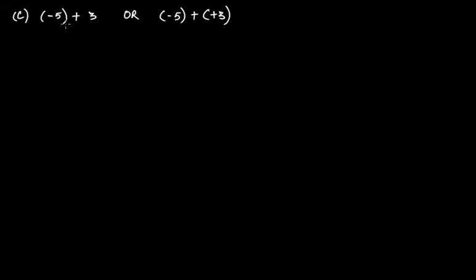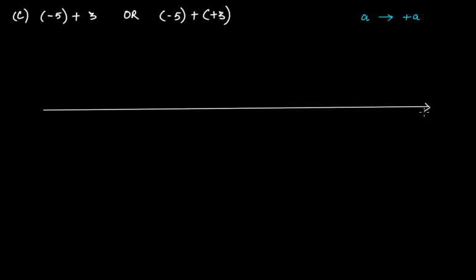Now let's do this one. It is -5 plus 3. We have written it as -5 plus 3 because we told you that if it is 3, then it is actually +3. So both are the same thing. Put it on the number line.